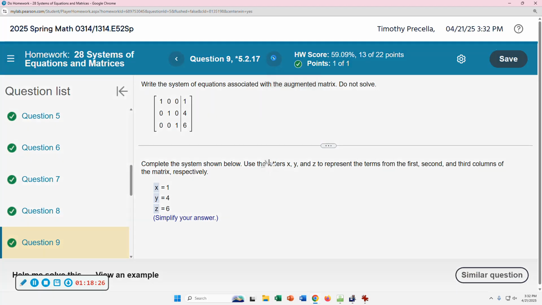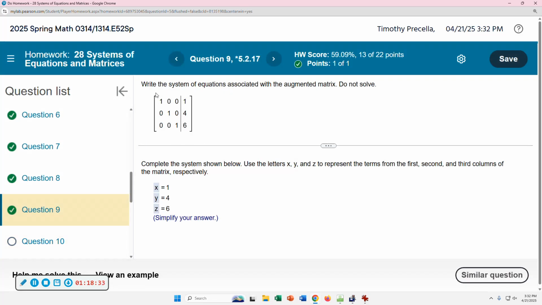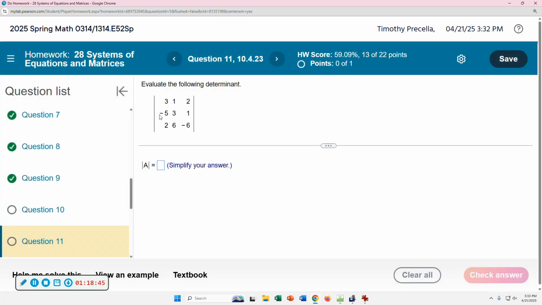Are we ready to discuss determinants? Notice, these were not square matrices. We had 3 rows and 4 columns. We're finally ready to look at a square matrix. This one's 2 by 2. Number 11 is 3 rows, 3 columns.